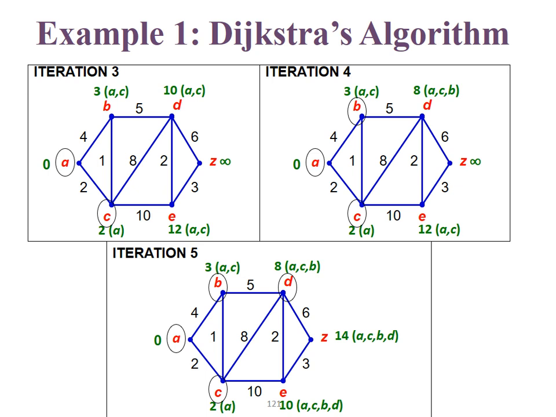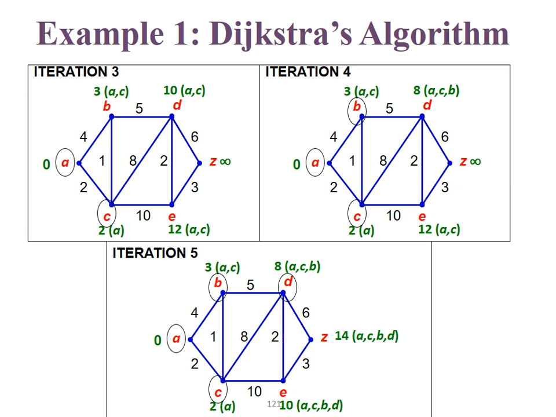Because for B, number 3, for D, number 10, for E, number 12, for Z, infinity, to choose the vertex with minimal distance, the next candidate we choose B. So now we give B a circle to indicate B is already included in the minimal vertex set.